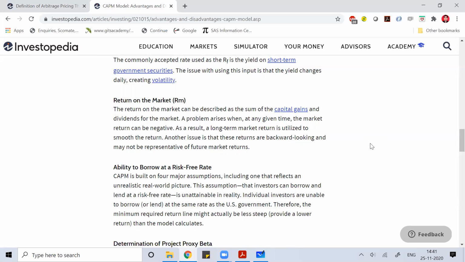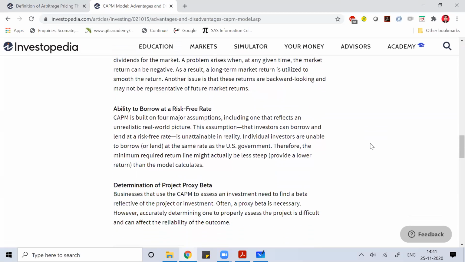You have CIBIL and credit rating agencies who assign credit ratings, and based upon that, borrowing and lending is possible for a company or individuals. So the assumption that borrowing and lending can be done at RF is unrealistic.